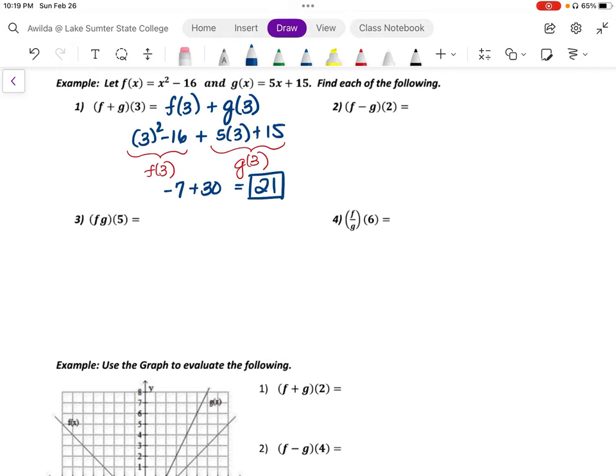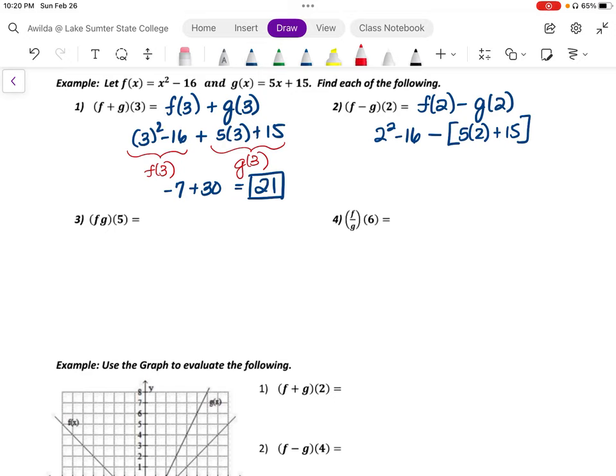In our second example, we have f − g evaluated at 2. By definition, this is f(2) − g(2). So we're going to substitute 2 for x into both rules, that of f and that of g, and then subtract. f(2) is equal to 2² − 16. And now we have to be very careful because we have to subtract all of g(2). g(2) is equal to 5 · 2 + 15.